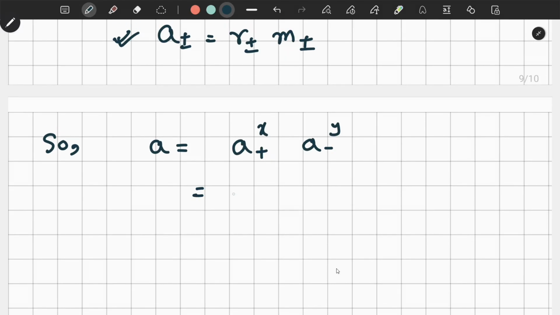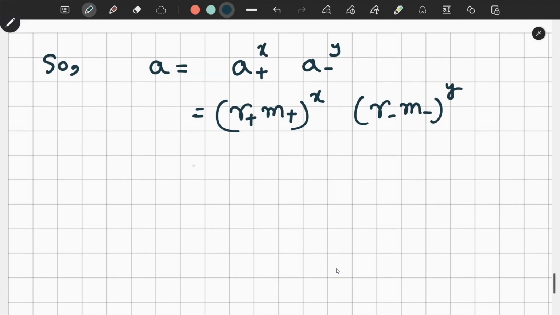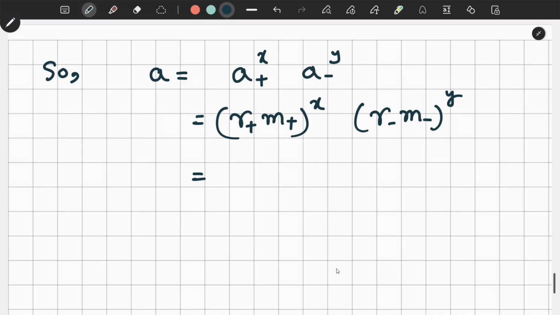Just instead of A plus, we can write it like this. This you can write.